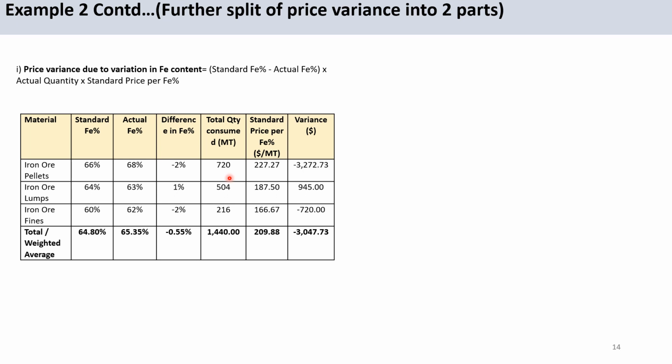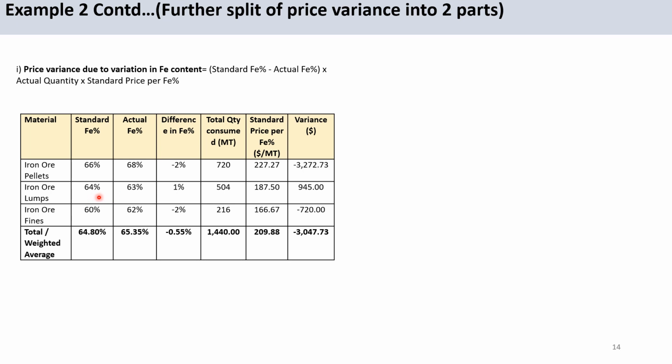So on 720 tons of pellets at a standard price of $227.27 per Fe percentage, the loss comes to 3272.73. This loss means that because we got a better quality product, in financial terms there is a loss, but it will help in the consumption ratio because you got a better Fe content material.